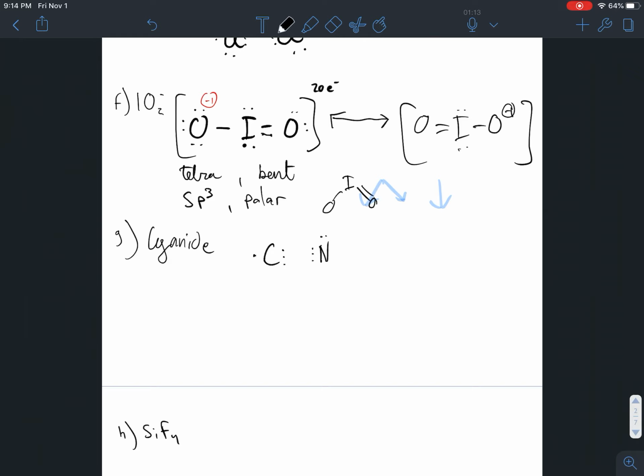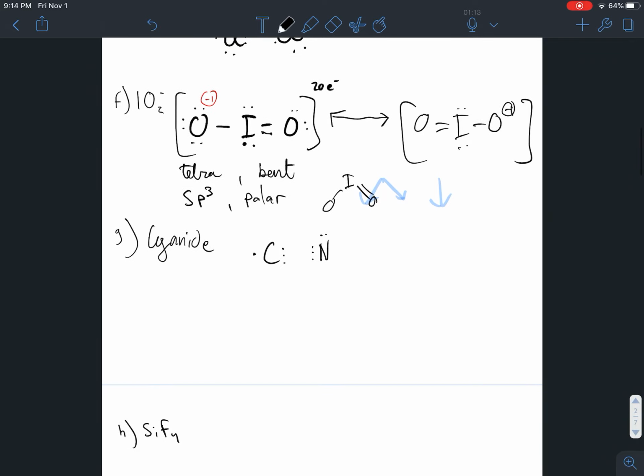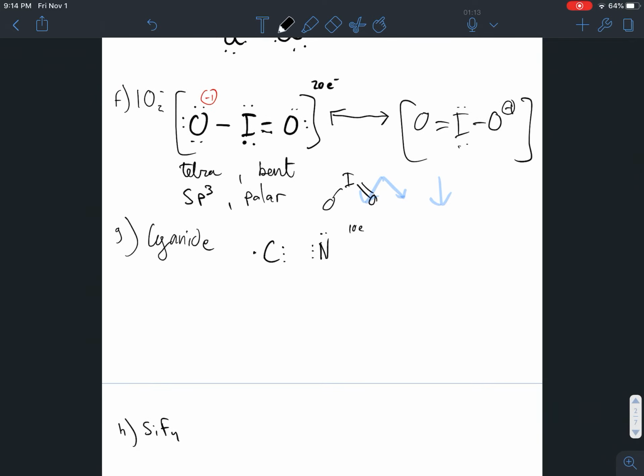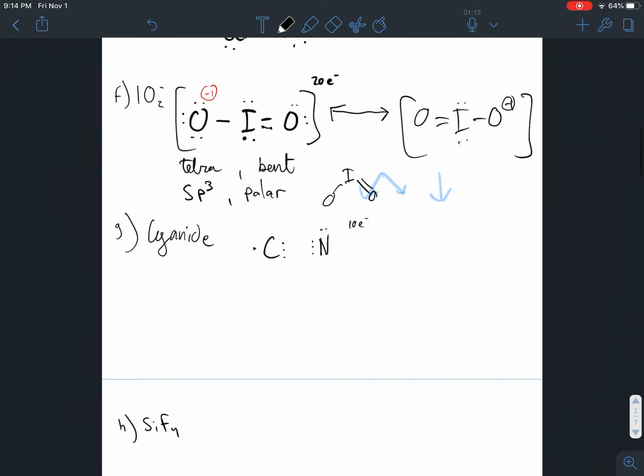And then there's another electron here because it's a negative charge. So there's 4 from carbon, 5 from nitrogen, 1 from the negative one. So that is 10 electrons. So let's put the other one right there. And, well, let's just connect these and just see if that works. And it totally does. And we're done.